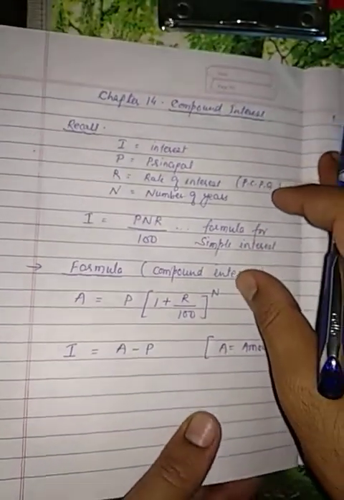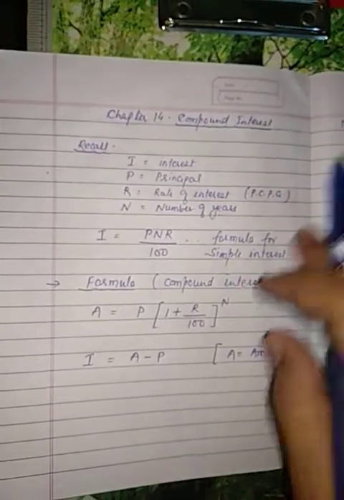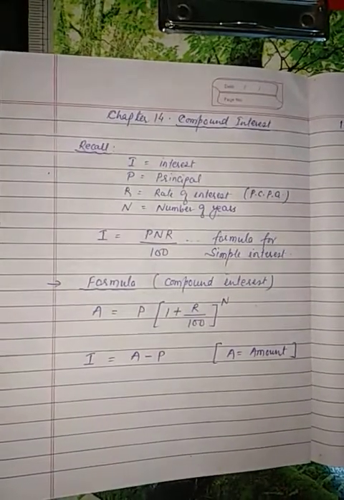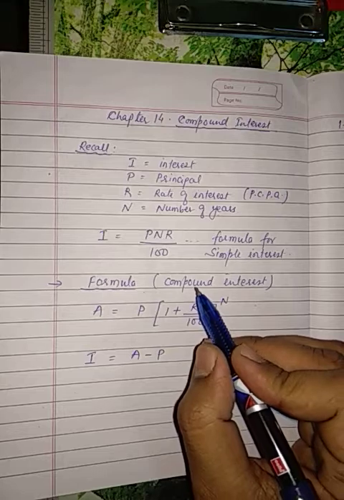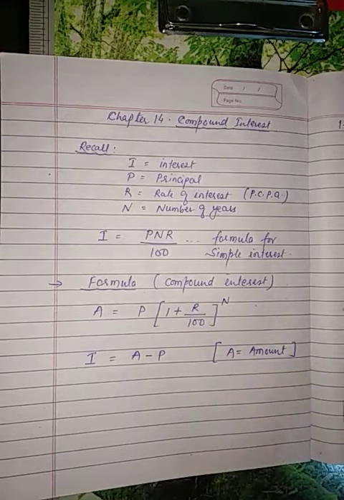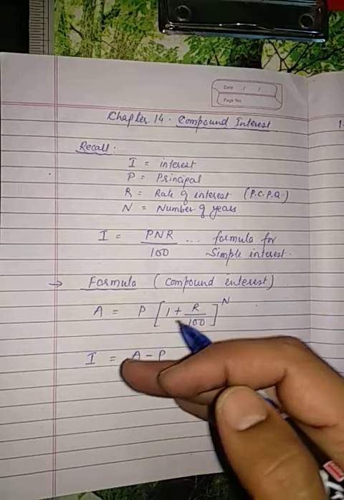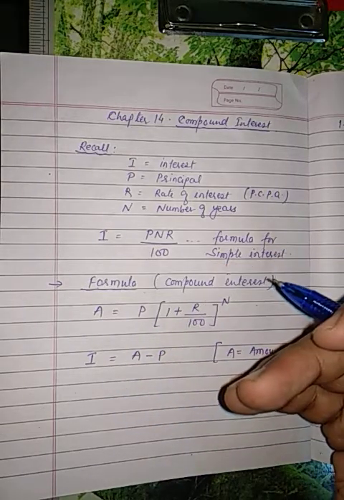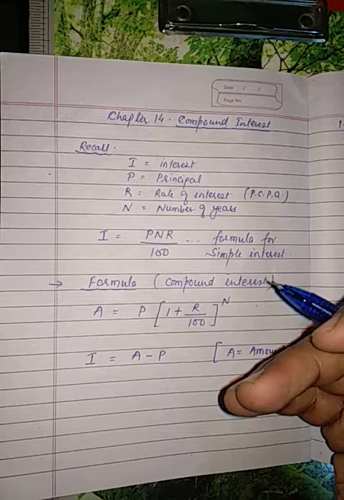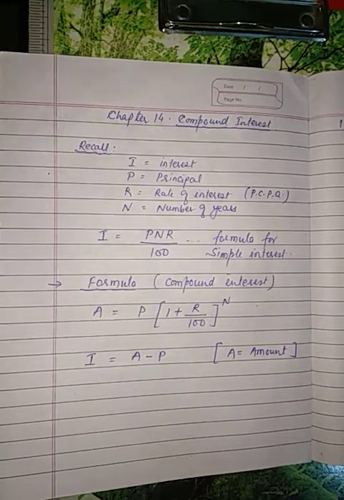Now let's understand compound interest. Students, when we calculate compound interest, the amount for the previous year becomes the principal for the next year. So it becomes recurring.